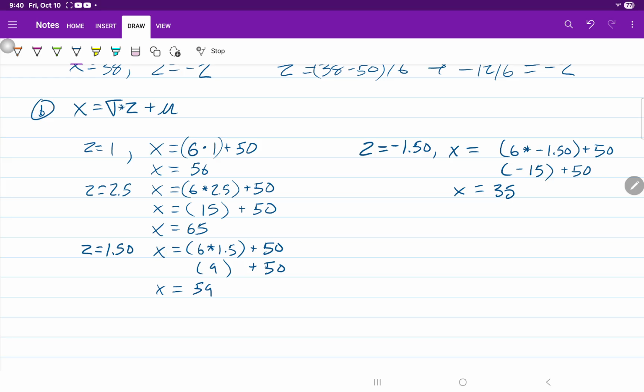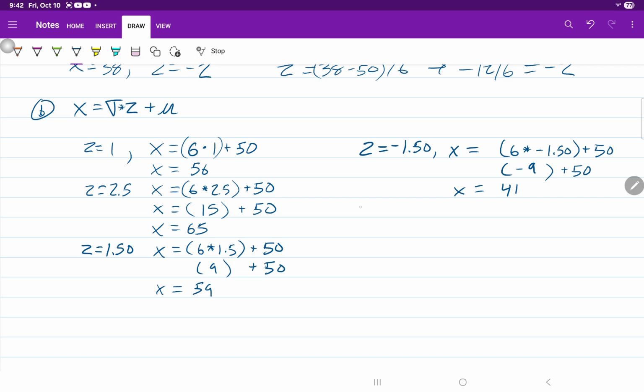Nope, that's not right. I see what I did. I used 2.5 in my notes here. So 6 times negative 1.5 is negative 9, actually. So that's going to give us an x value of 41.